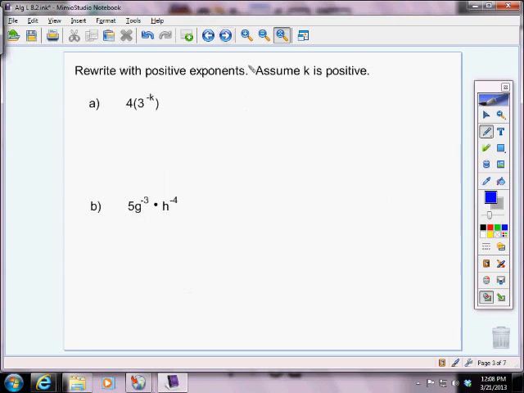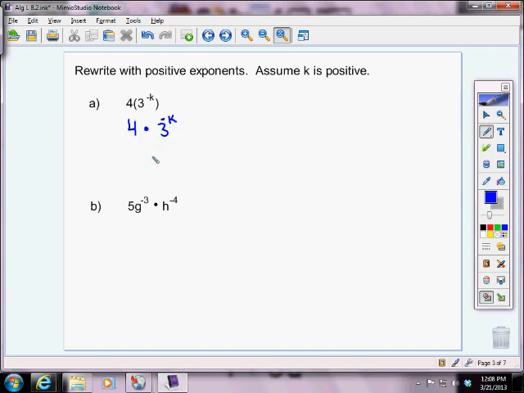Let's look at some more examples. The directions here say rewrite with positive exponents. Assume k is positive. With these, as you get ones that are a little bit more involved, it's important to remember that we're talking about multiplication here. This is what I mean. This means 4 times 3 to the negative k.